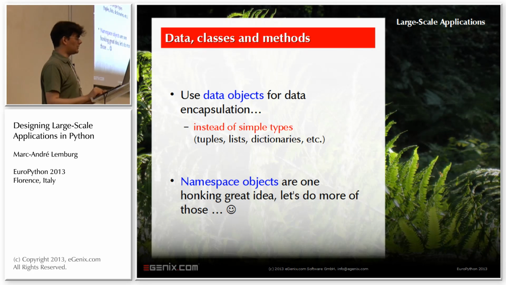What we found is that it makes much more sense to actually write data objects for everything that you do in your application, because it makes it very much easier to refactor your code afterwards. It makes it very much easier to add new functionality to your data or make changes to your data in a way that doesn't necessarily affect the whole application.